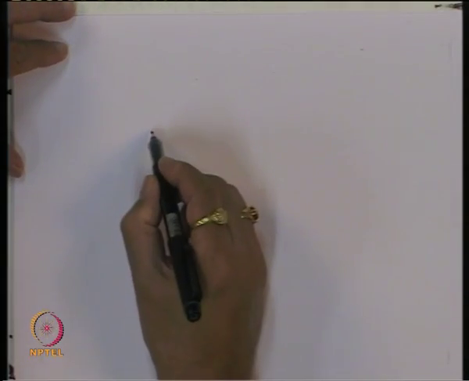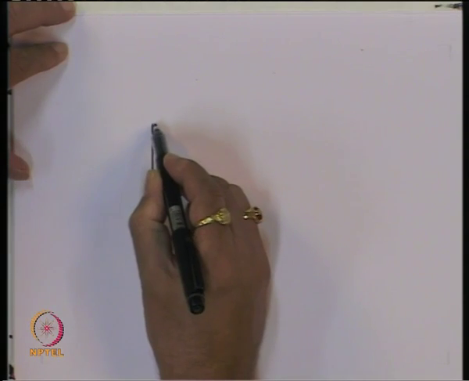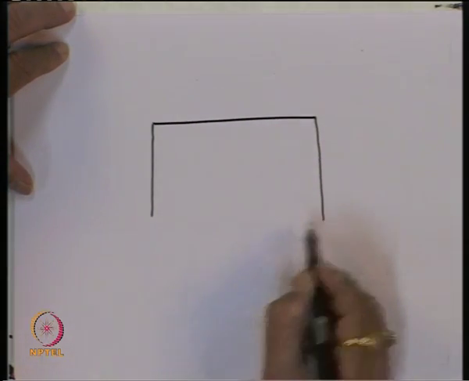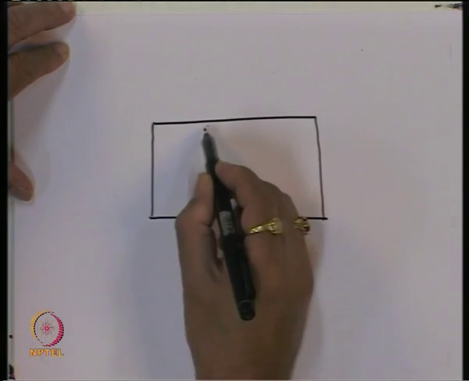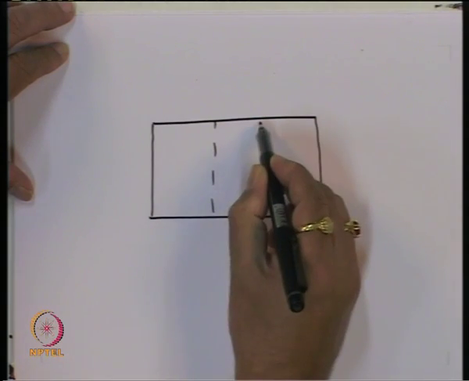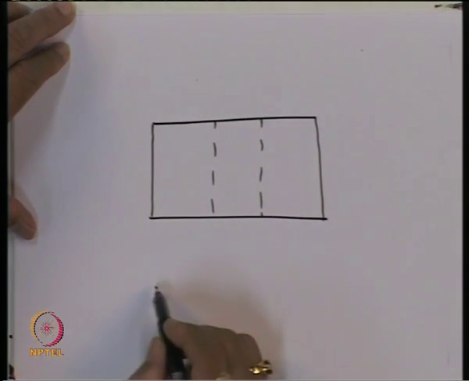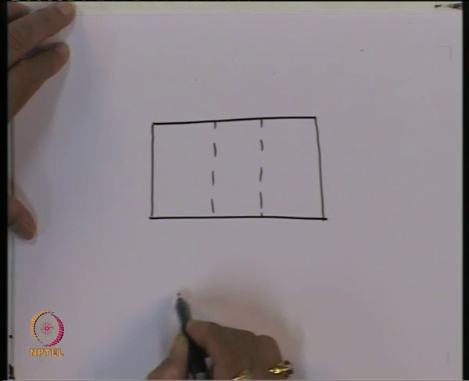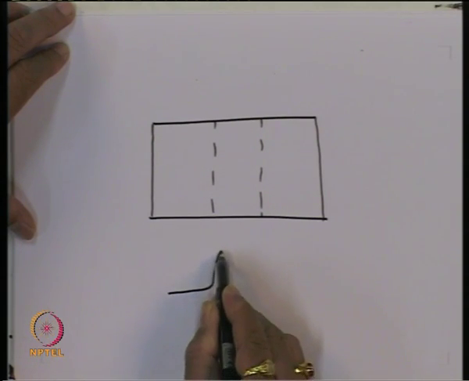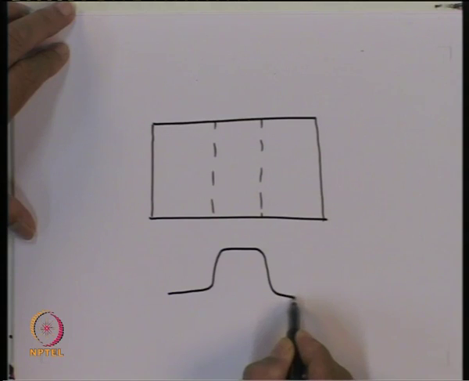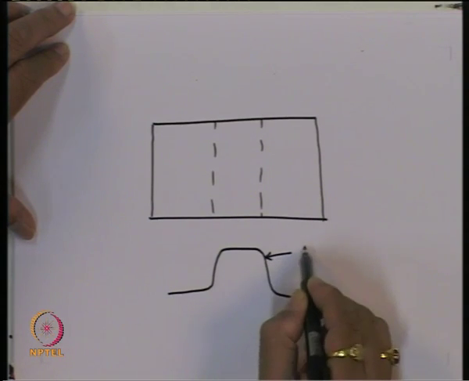So, inside a PN junction, what we are now looking for is the depletion region, where the electric field is more or less constant, something like this. This is the electric field.